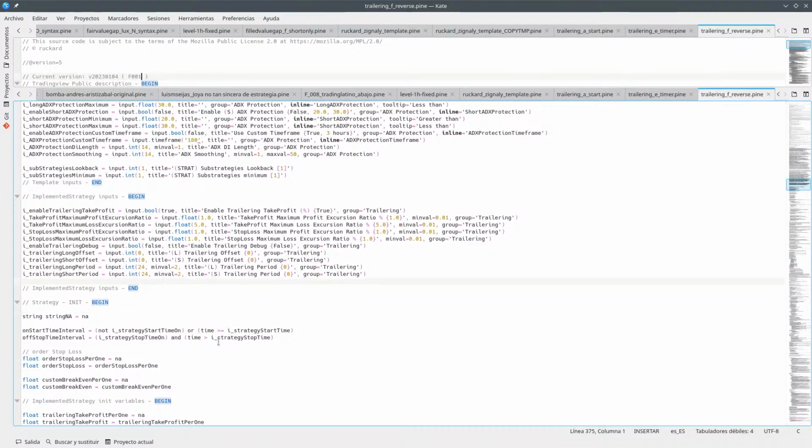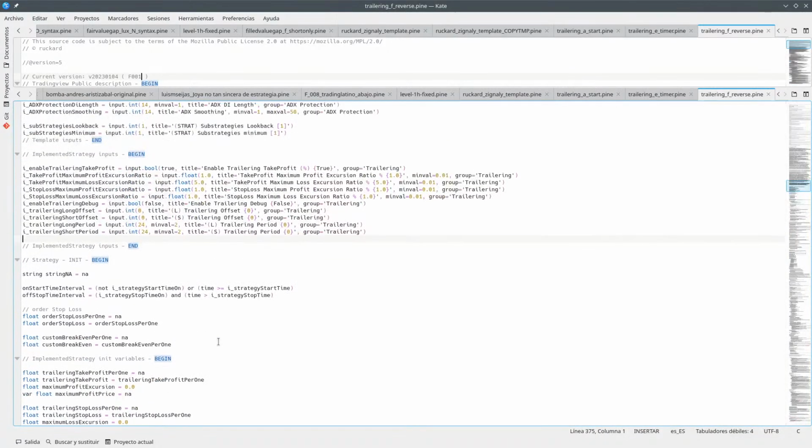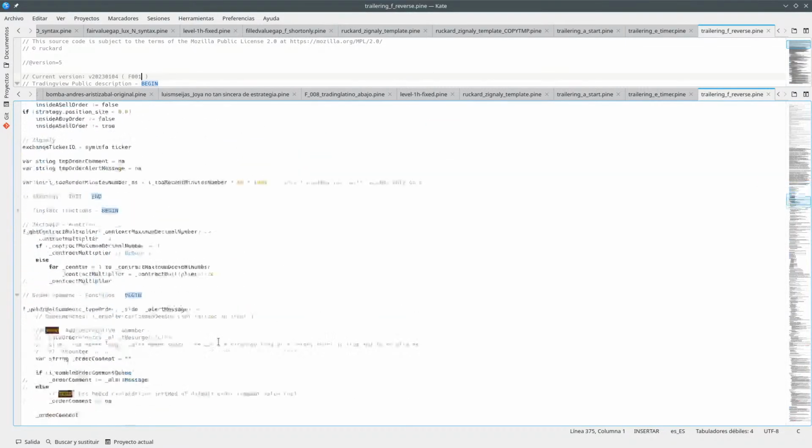Not everything, but basically what you want to reach first is the take profit, and the stop loss, you don't care too much about the stop loss because the take profit should be reached first. So we want to reach the take profit from the two sides.